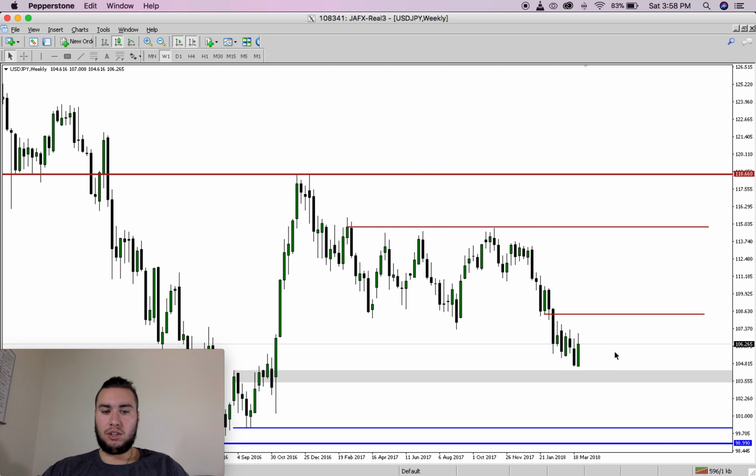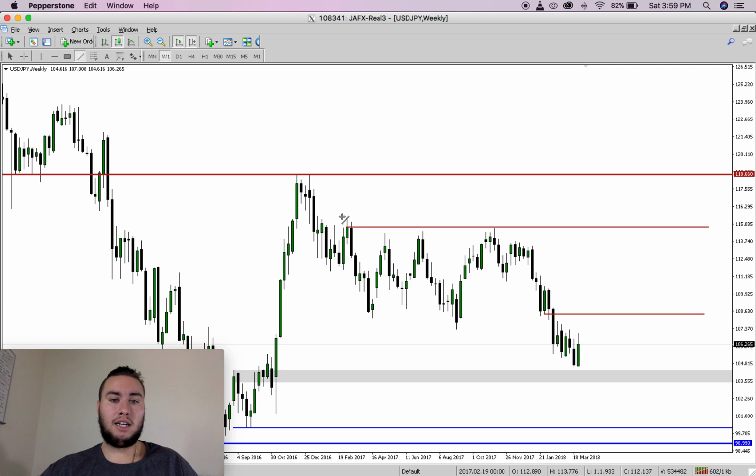So because we know this is a monthly level right here, if we do get some sort of reversal scenario and price doesn't want to continue lower and starts pushing higher, this is more than likely where they're going to want to go, because it's a key level of resistance. What that means is there are a lot of stop losses and orders built up above here.